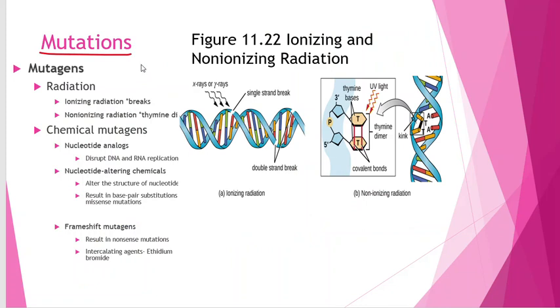Mutations, what causes them? Well, everybody knows radiation, ionizing radiation, X-rays or the gamma rays. Again, it's not going to turn you into the Hulk. It can cause breaks in the DNA and can cause these bases to be changed.